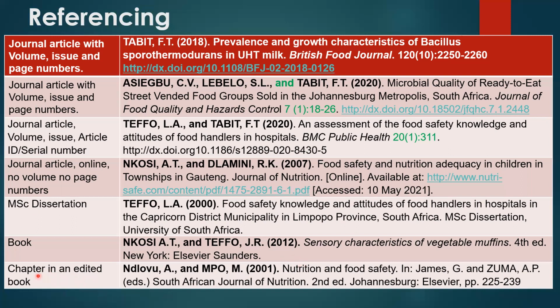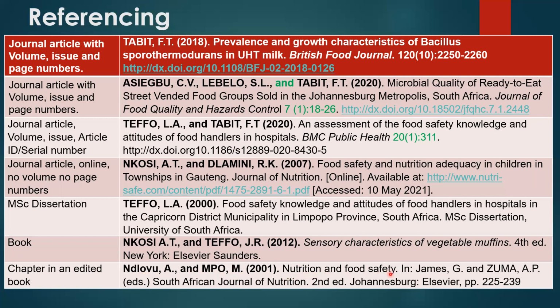Then chapters in books. Some books have chapters where an author or authors have written a chapter, and then you find that the book has an editor. So normally we put the author's initials and surname first, or last name or family name, whichever one you want. Then initials.